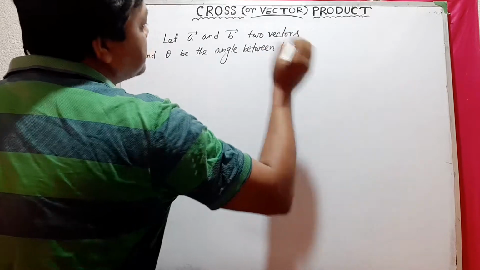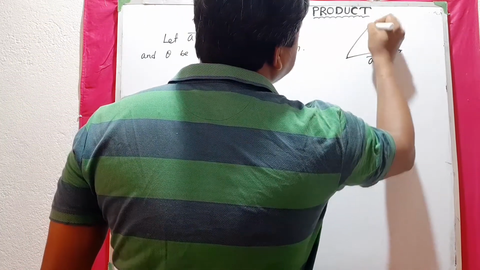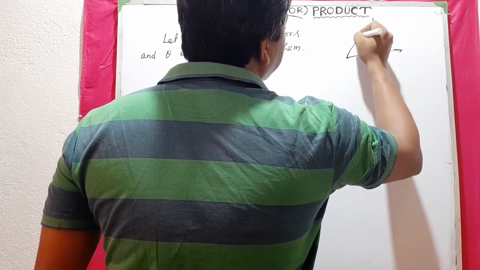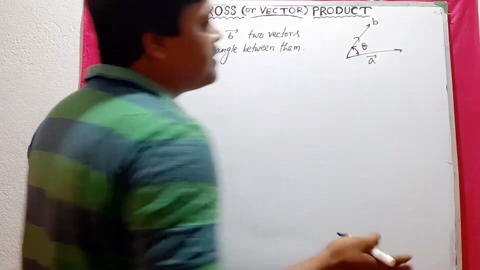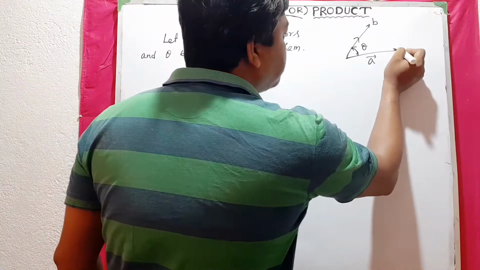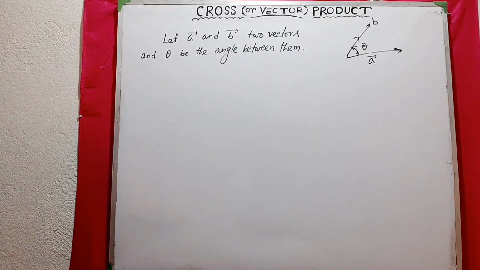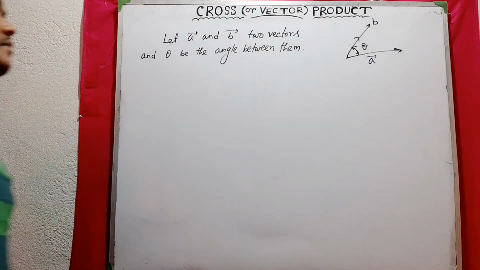That means that is given to you, this is your A vector and this is your B vector in this direction, and theta we consider here in the anti-clockwise direction. This is A vector and B vector, and theta is the angle between A and B.